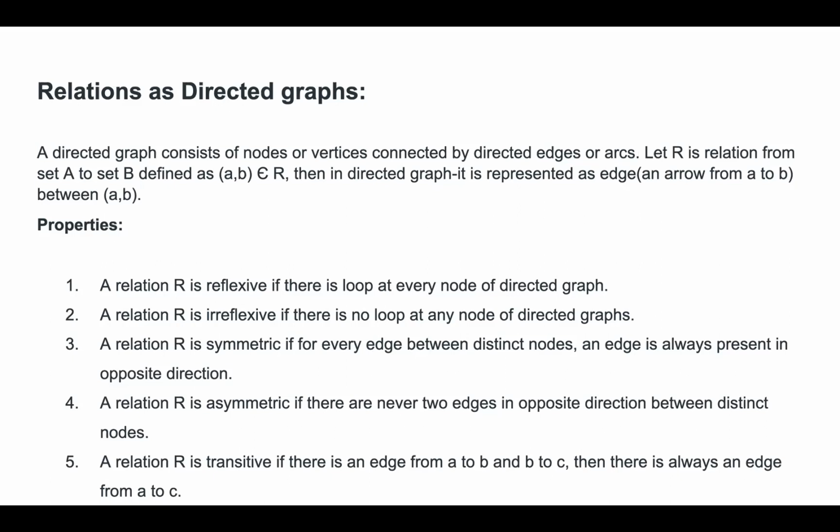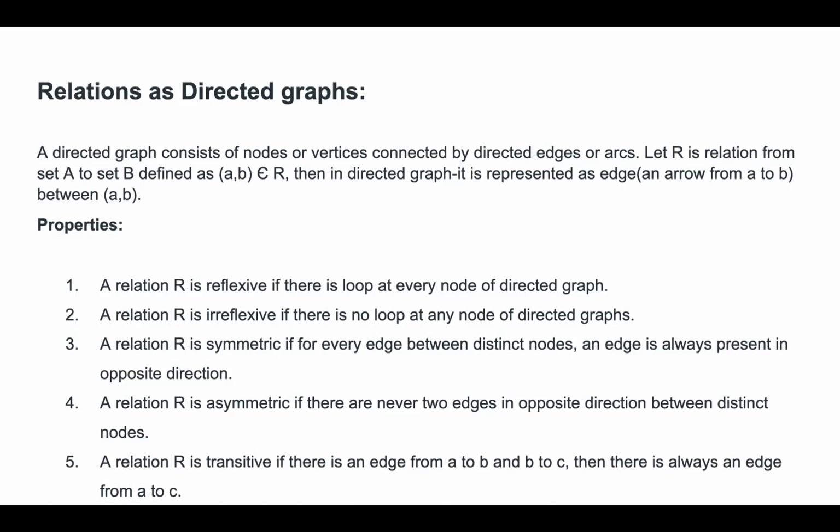Then next is a relation R is irreflexive if there is no loop at any node of directed graphs. Okay. If there is no loop, then it is not a reflexive relation. It is irreflexive relation.